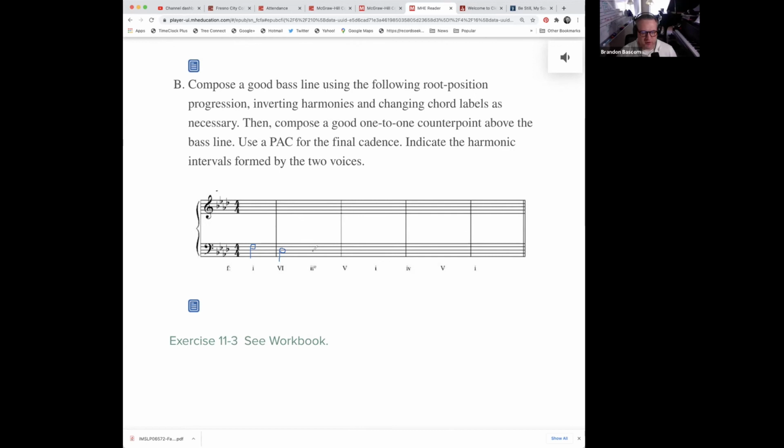But we know we have to put it in first inversion, so let's just do that now. 5 is going to be C. 1 is going to be F. 4 is going to be B flat. 5 is going to be C. F.